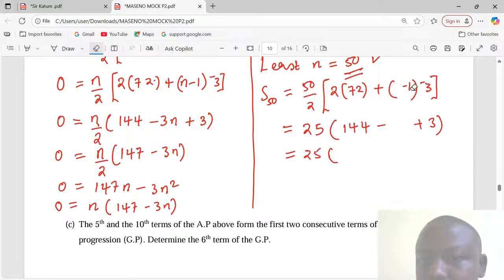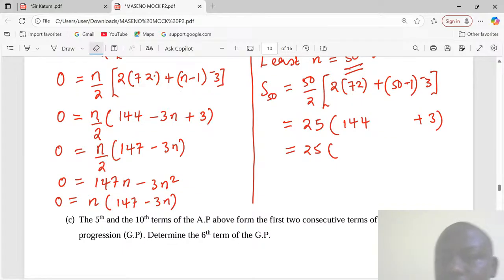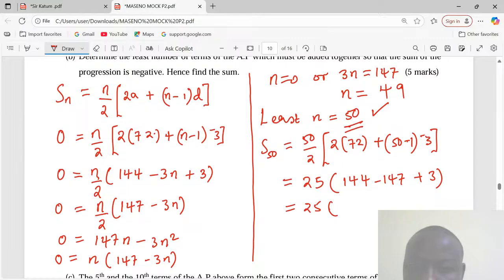This is supposed to be 50 minus 1, which is 49. 49 by negative 3, negative 147.